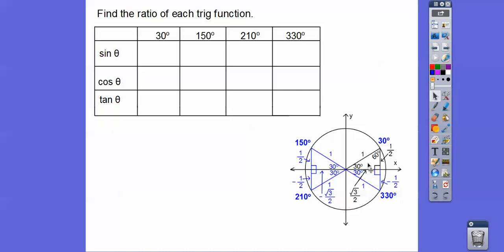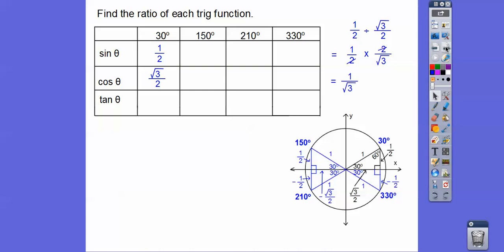So the sine is opposite over hypotenuse. The sine of 30 is 1/2. The cosine is adjacent over the hypotenuse, so it's root 3 over 2. The tangent is opposite over adjacent, so 1/2 over root 3 over 2 is 1/2 divided by root 3 over 2, and the 2's cancel, so that gets me 1 over root 3.